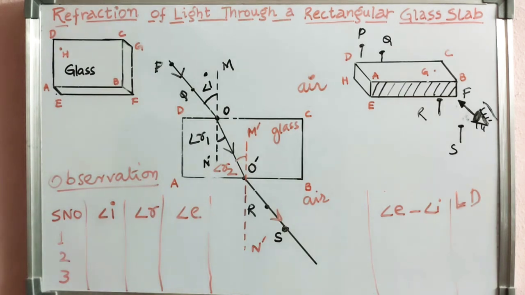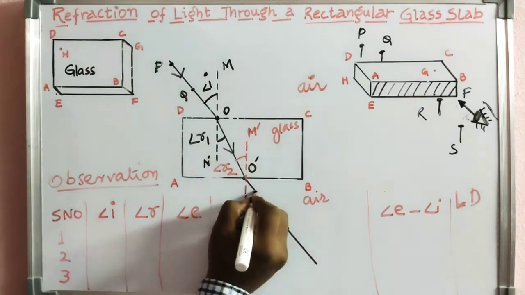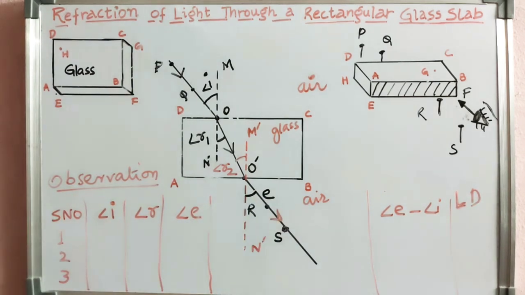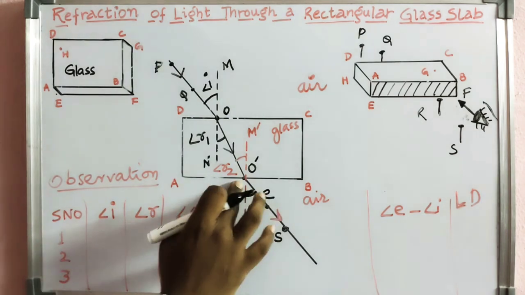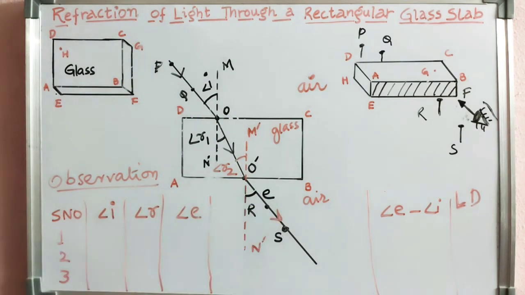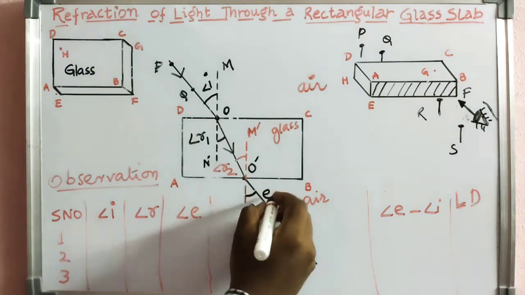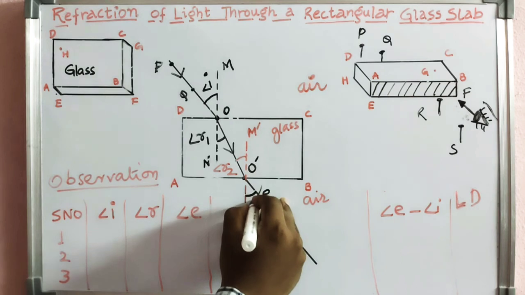This angle I'll call the angle of emergence, the angle made by the refracted ray with the normal, and I am representing it with angle E. What do you mean by angle E? I'll explain.